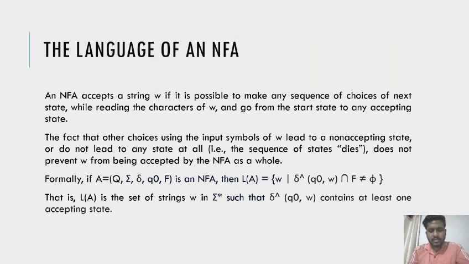Formally, if A equals (Q, sigma, delta, q0, F) is an NFA, then the language L(A) equals {w | delta-hat(q0, w) intersection F is not empty}. That is, the language L(A) is the set of strings w in sigma star such that delta-hat(q0, w) contains at least one accepting state.